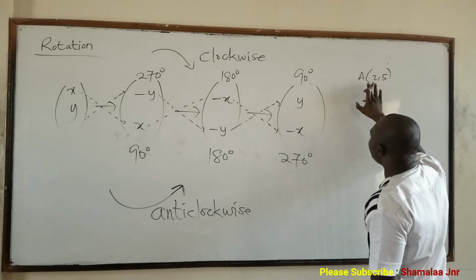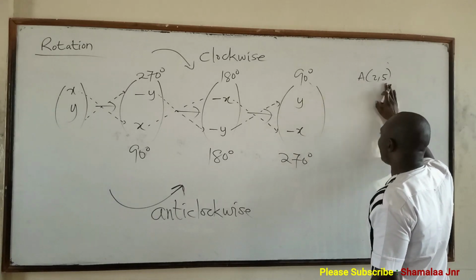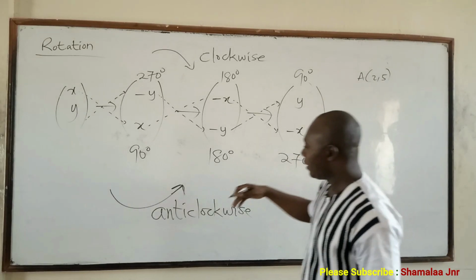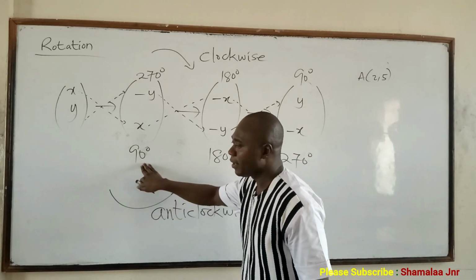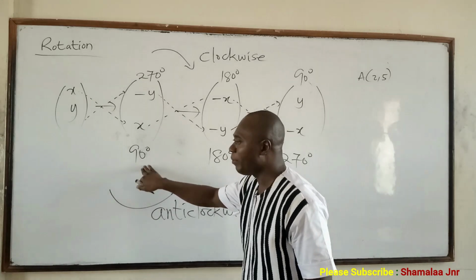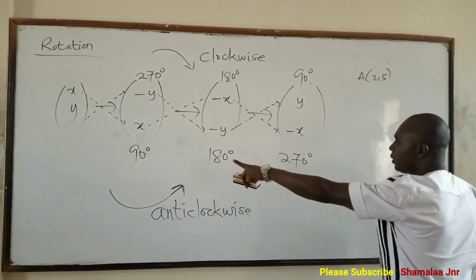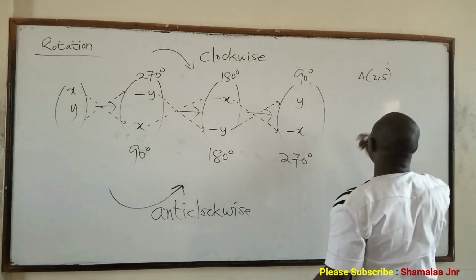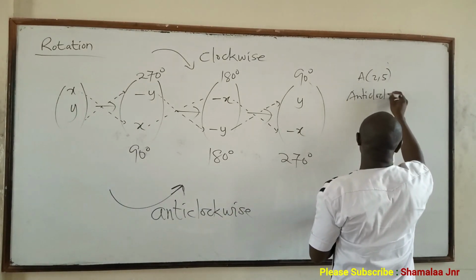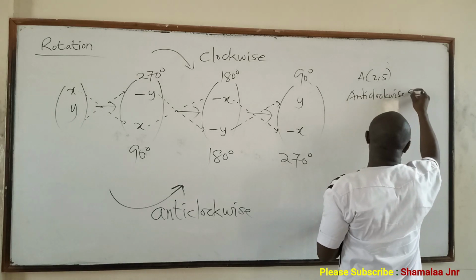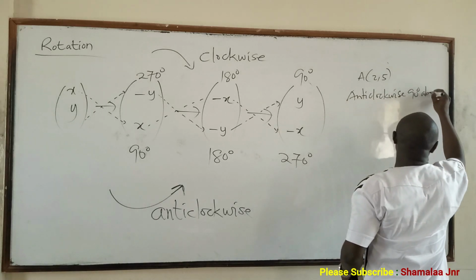You can say: find the image of the point A(2, 5) under an anti-clockwise rotation of 90 degrees about the origin. Because it is anti-clockwise 90, I'll just say anti-clockwise 90 about the origin.